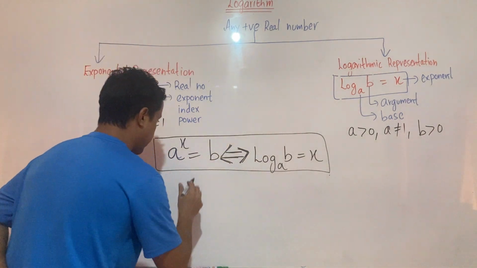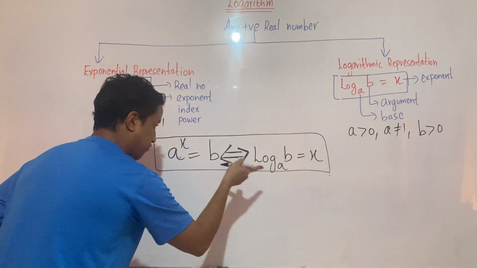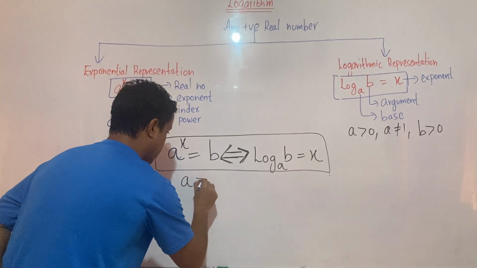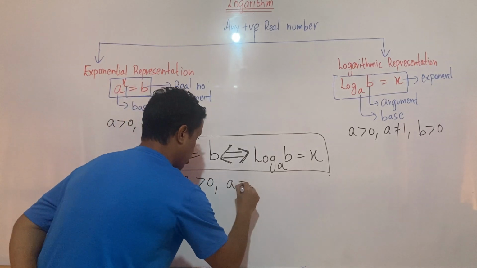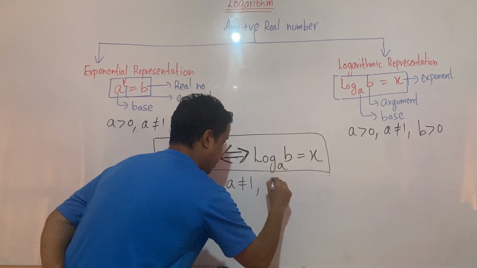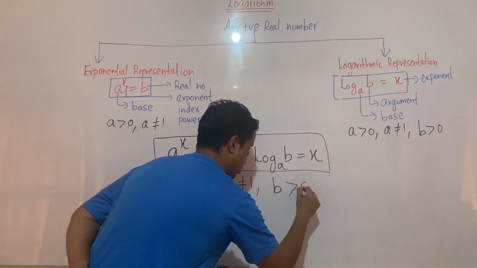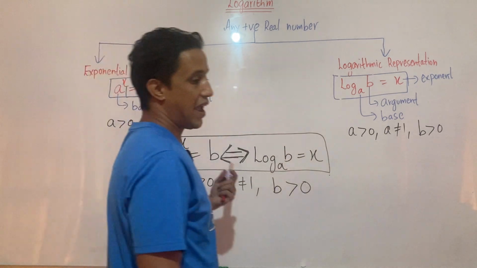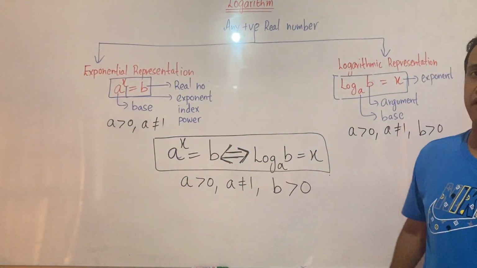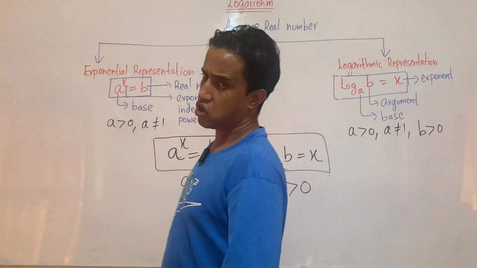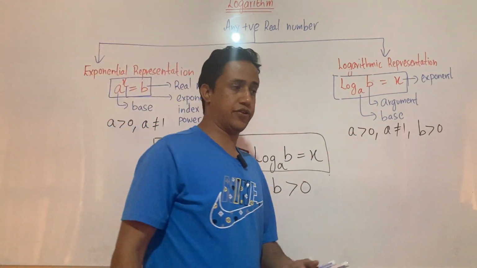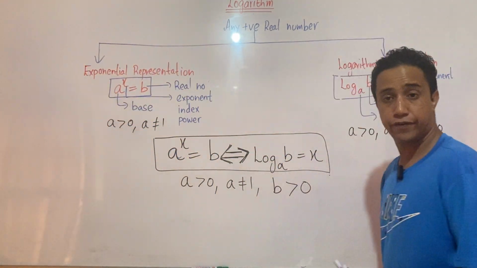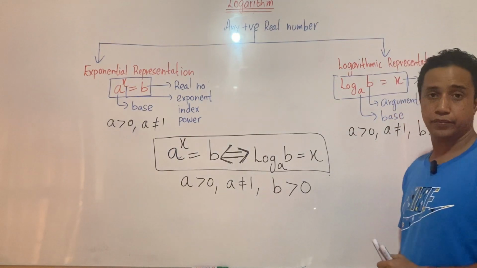Here your base must be positive, it should not be 1, and b should be greater than 0. Log of negative numbers is not defined. We are going to talk about it in detail later, and I will show you why it is not defined for negative numbers.